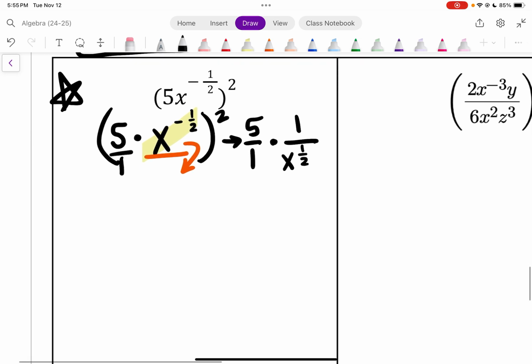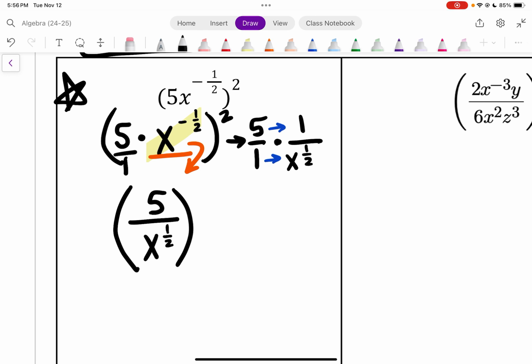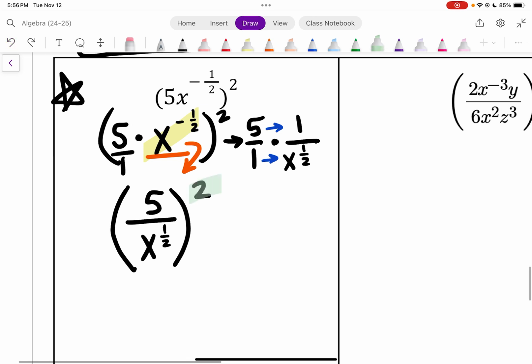So I multiplied straight across to get 5 over x to the 1/2. Okay, but remember, all of that was taken to the power of 2. So what I can do now is take my 2 and I can distribute it, share the love. So sharing it to the 5. Remember, if you cannot remember that this is 5 to the 1 power, you need to write that in there.